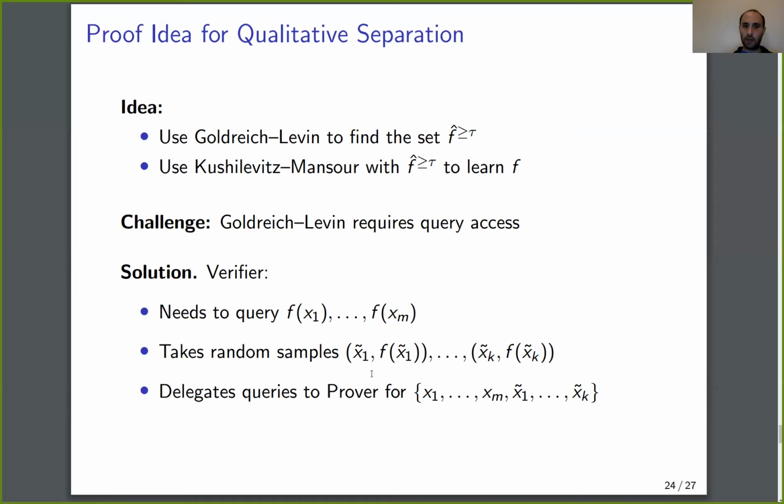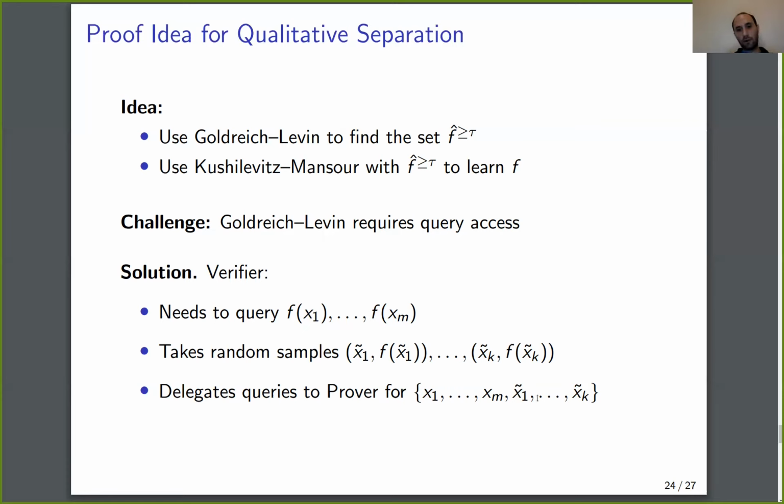So it's going to send x1 until xm to the prover and tell the prover, please use your query access and tell me what f of x1 is, what f of x2 is, and so on. However, in addition, it's going to send these x tilde 1, x tilde 2, and so on, which it already knows the correct label for.